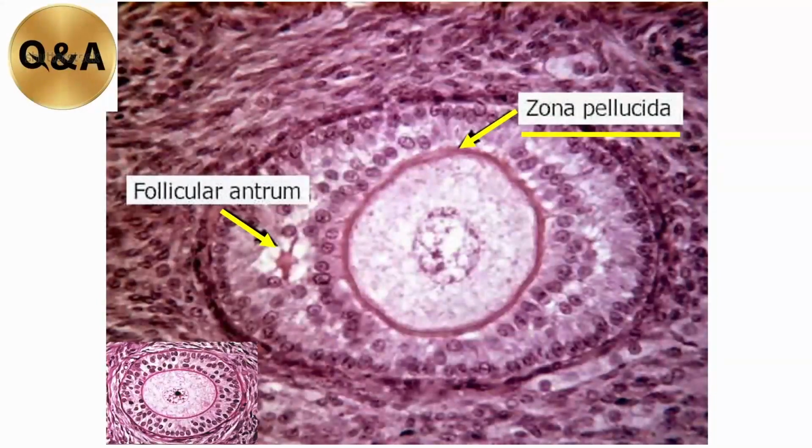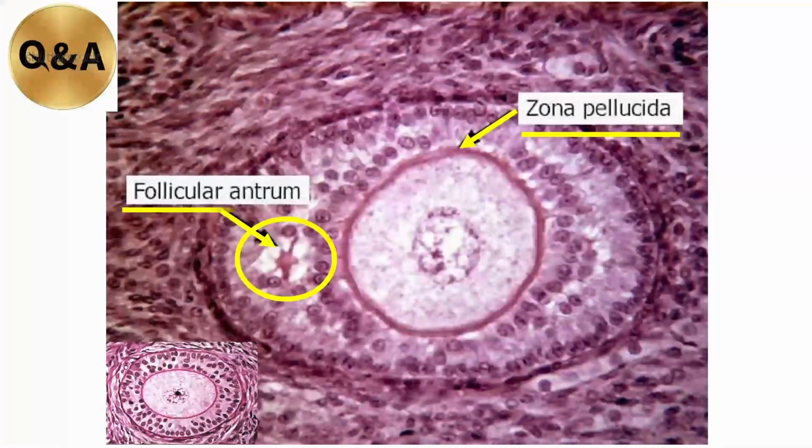It is a multi-layered primary follicle. But if we look at the tip of the yellow arrow, you can see that there is an attempt at forming a small space.